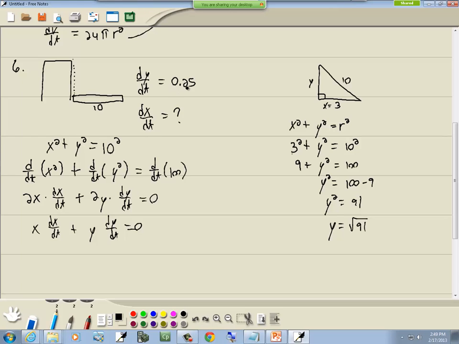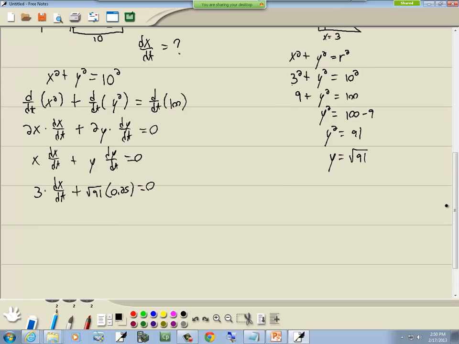Now they tell us dy/dt is 0.25, so we can plug that in. They also tell us x is 3, because that's what we're wondering, what's the rate of change of x when x is 3. Y we found was the square root of 91, and we already said dy/dt is 0.25.